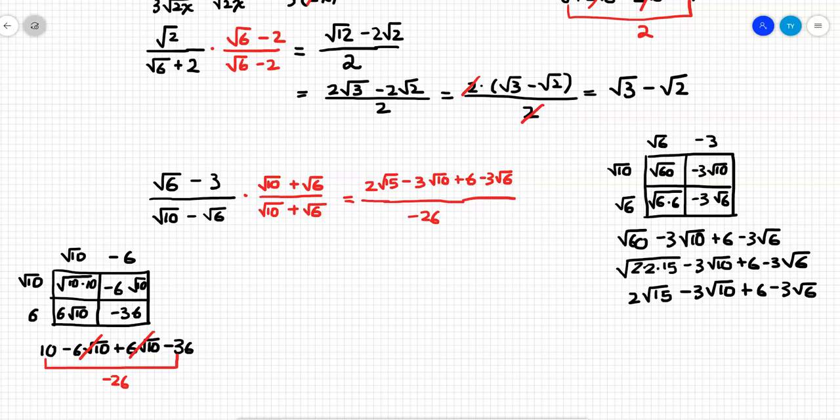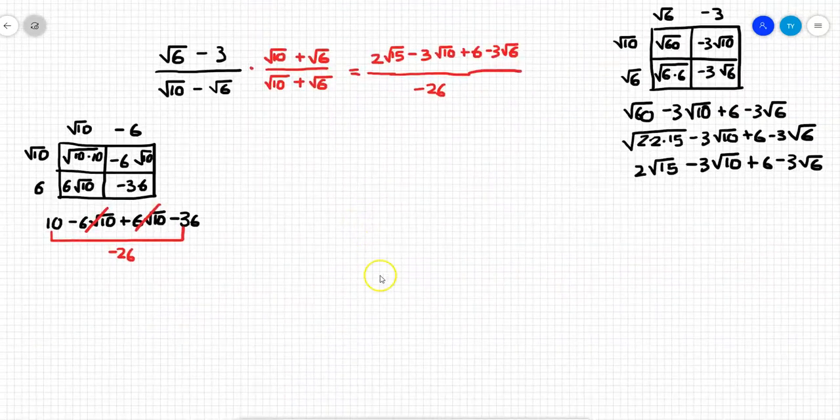I want you to practice a little bit on this, and make sure that when rationalizing, you're always multiplying top and bottom by a conjugate. Exactly the same thing, but with the opposite sign.